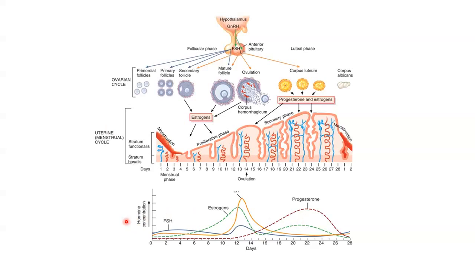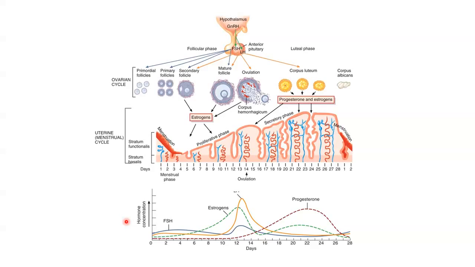So what I'm going to do is walk you through each of the cycles using these images. But as I did with the anatomy of the reproductive organs, I will also put this into a text summary at the end so that you can just sit and listen and not have to worry about taking too many notes.